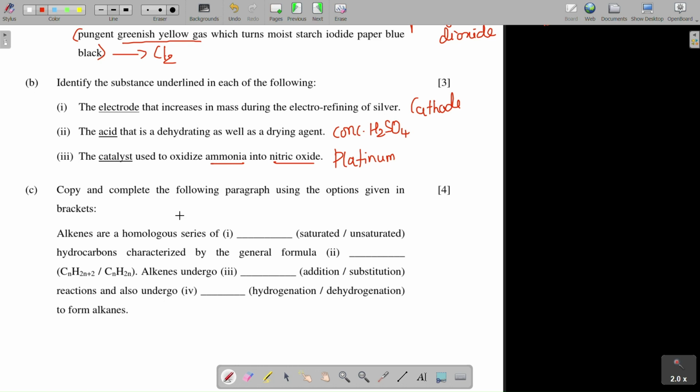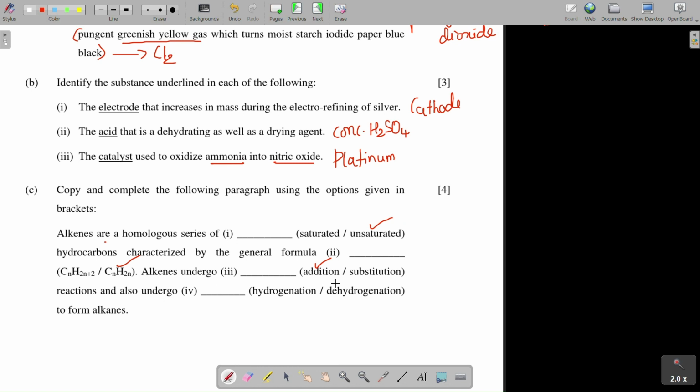Okay, copy and complete the following paragraph. Alkenes are a homologous series of unsaturated hydrocarbons. Remember, alkanes are saturated; alkenes and alkynes are unsaturated hydrocarbons characterized by the general formula. The general formula of alkenes is CnH2n. Alkenes undergo addition reactions.